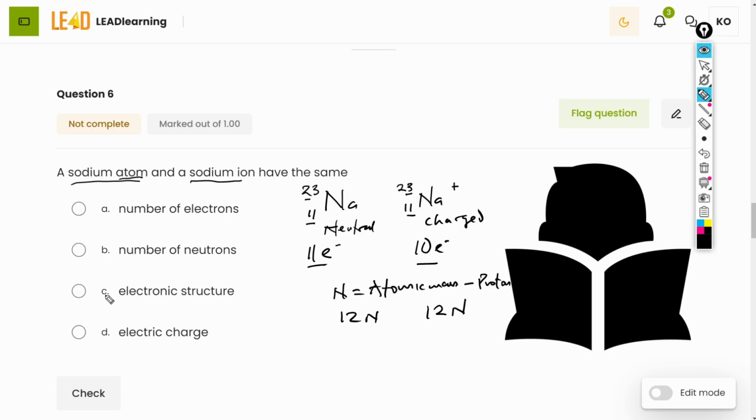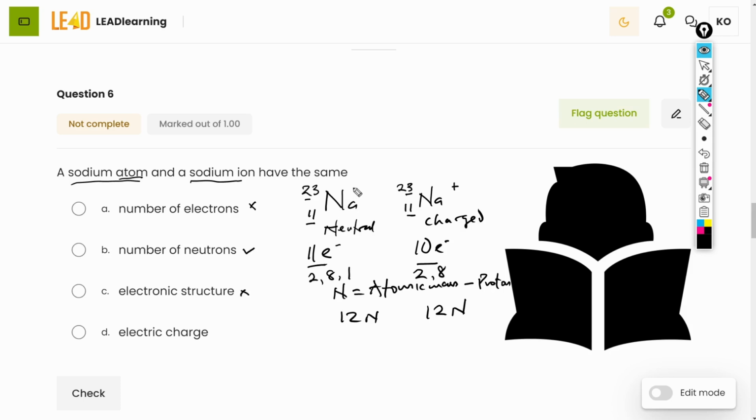But just to be sure, let's move on to option C. Electronic structure. The electronic structure is the arrangement of the electrons. Now this one here has 11 electrons, so the electronic structure is 2, 8, 1, while this one now has only 10 electrons because it has lost its valence electron, so the electronic structure is 2, 8. So clearly we can see that the electronic structure is not the same, the number of electrons is not the same, and the number of neutrons is the same.